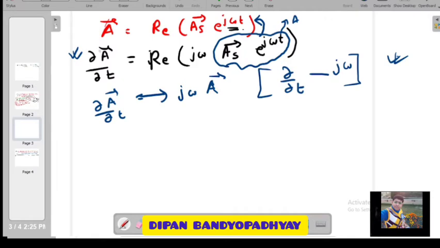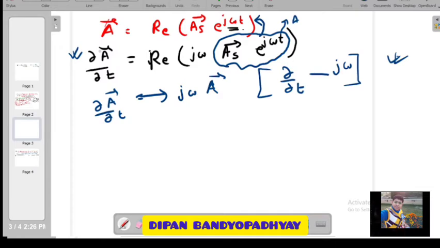You can also integrate the vector and you will get, at that time, a 1 by j omega term. But for the time being, we will be using only the time derivative because we will be using that in the Maxwell equation. In the Maxwell equation, you have this time derivative functions, time varying fields we have, and there we will have the time derivative of the fields.